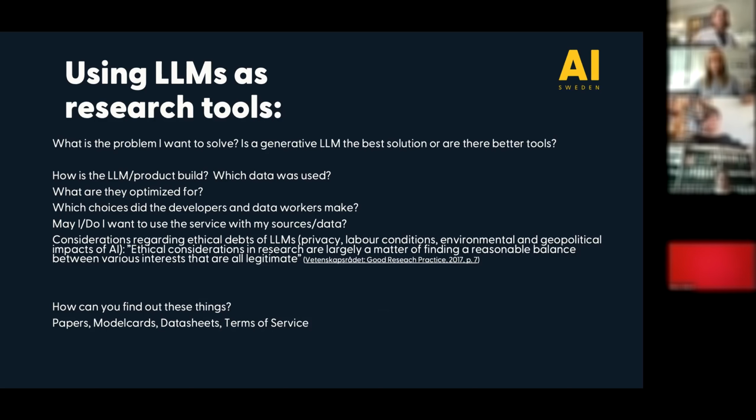You can always look for model cards, which are a standard tool now in the field to document how models have been optimized, how they have been trained. The data sheets, which is also a standardized form to document the kind of data that was used for training. And then, of course, the terms of service and privacy policies.